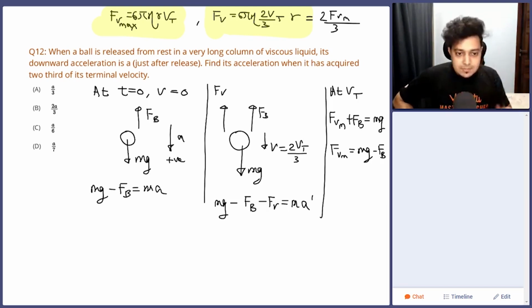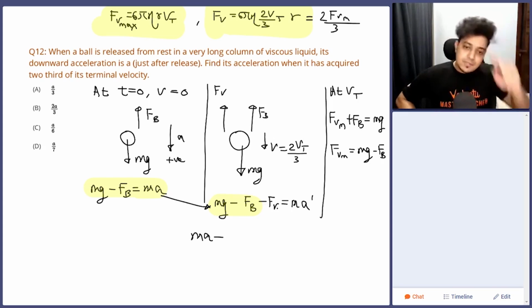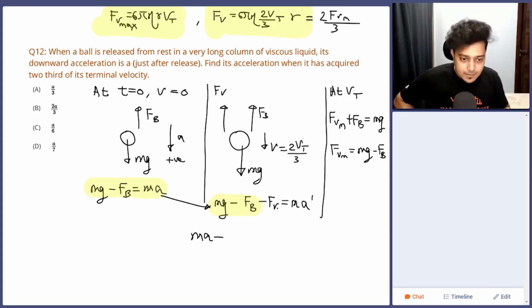Cool. Now it's time to substitute all the values that we know. So mg minus Fb can be written as ma. Let's use this over here. This will be m into a minus the viscous force, which is 2/3 of the viscous force at maximum value, is equal to ma.